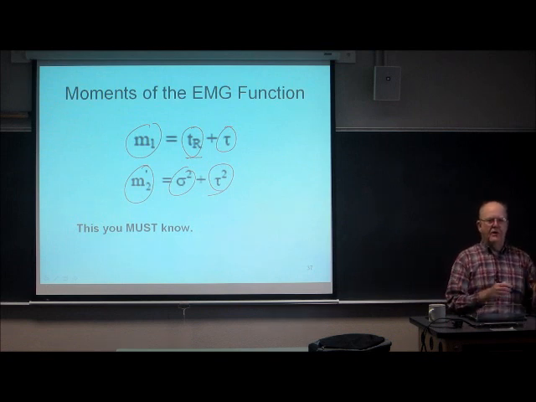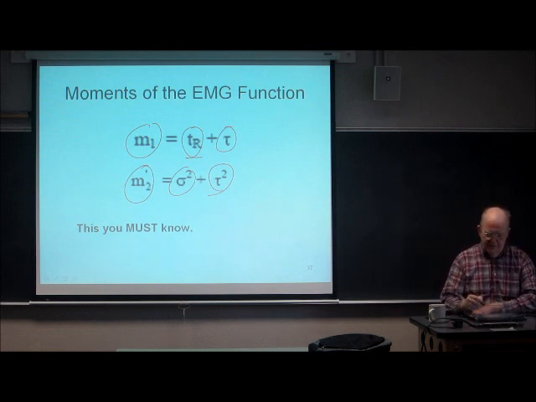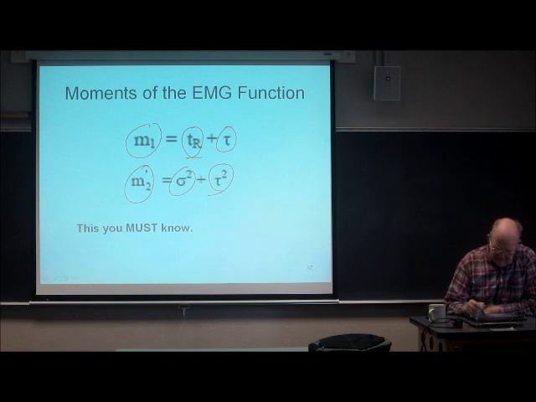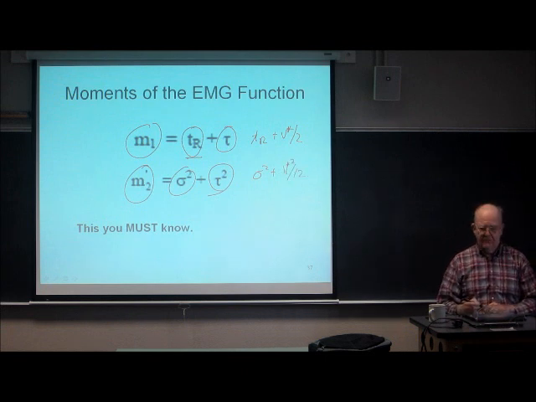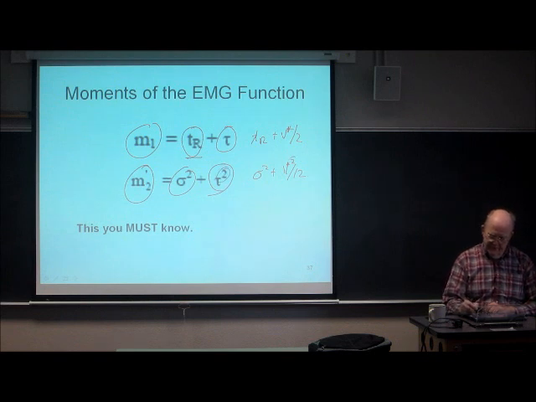Comparing this to the result for the rectangular pulse, the rectangular pulse was TR plus V star over 2, and this was sigma squared plus V star squared over 12. Squared, squared, first power, first power.